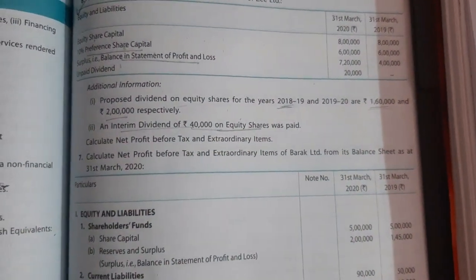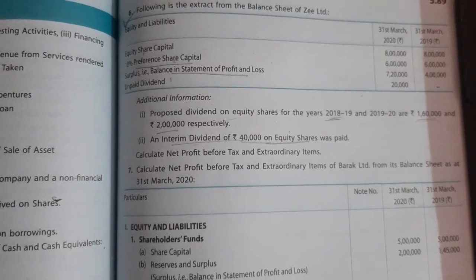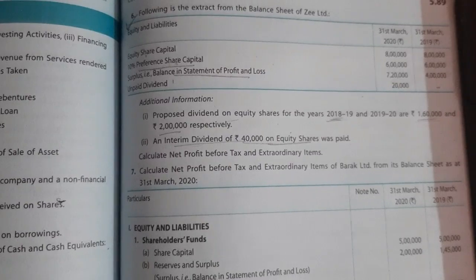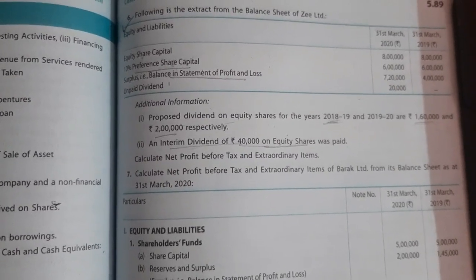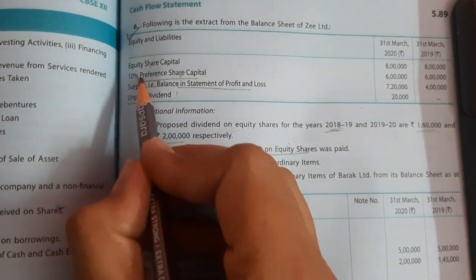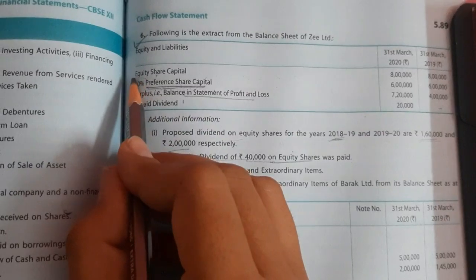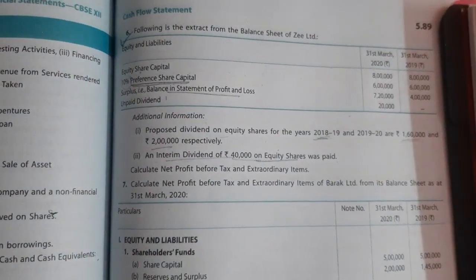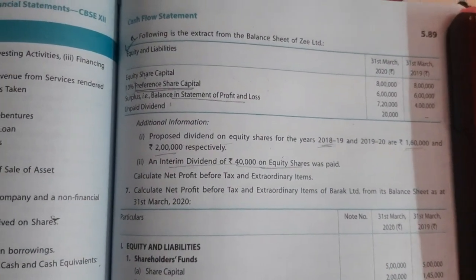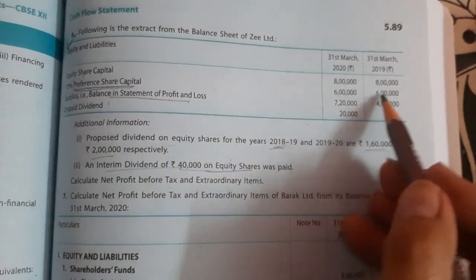Now see, whenever you are given an interim dividend on equity share capital, we all know that equity shareholders are given dividend after paying dividend to every other shareholder. So here you are having 10% preference share capital also. You have to pay 10% dividend to preference shareholders also, and you are having your share capital as 6 lakh.